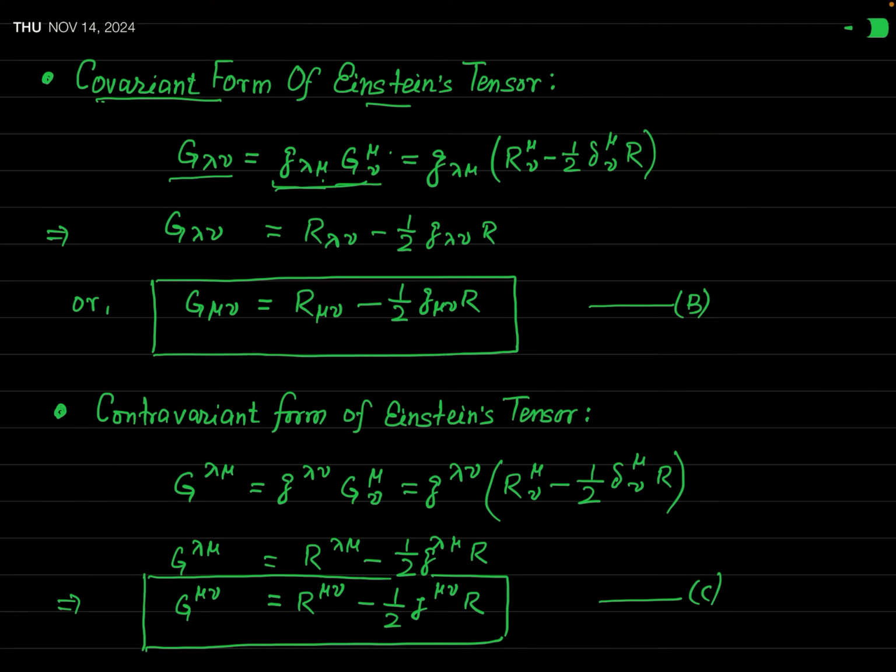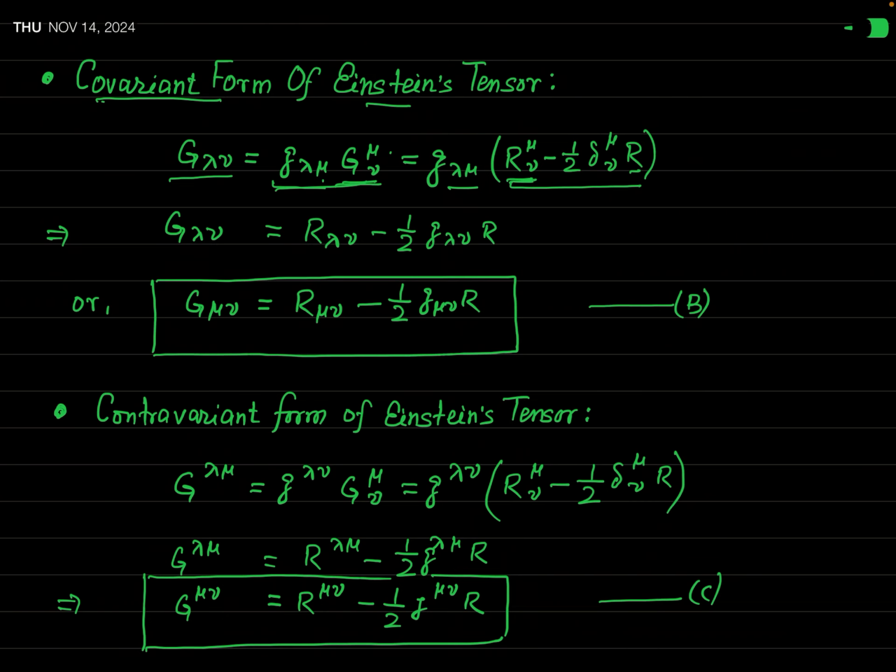Now you have just seen that this mixed tensor g mu nu, which is called the mixed Einstein tensor, is defined by this expression. Here the first term is the mixed Ricci tensor and R is the curvature scalar. Now when you take the inner product of this mixed tensor R mu nu with the fundamental tensor g lambda mu, what will be your result?